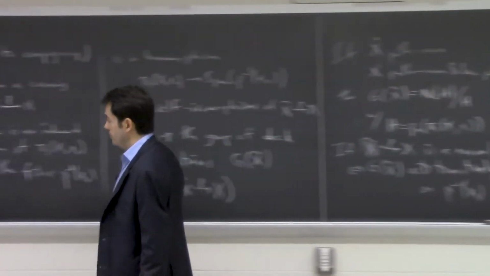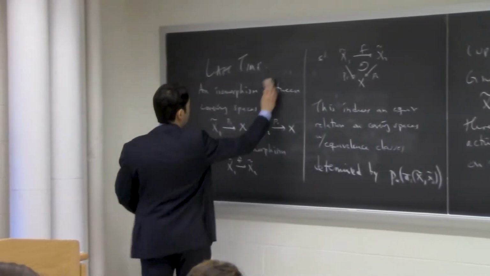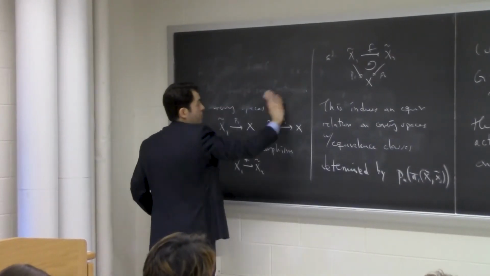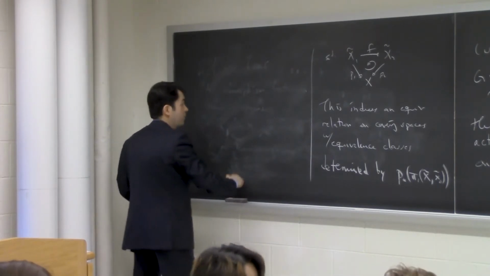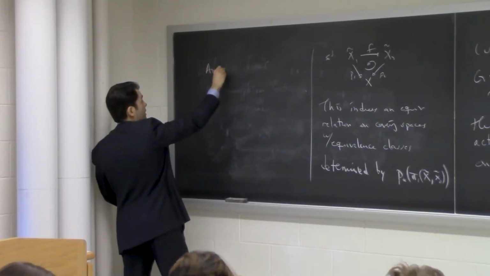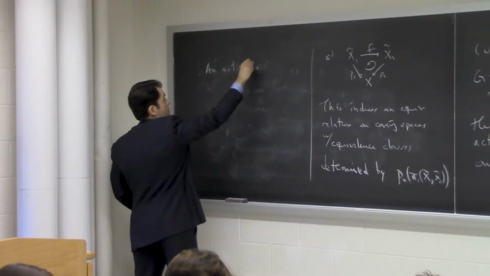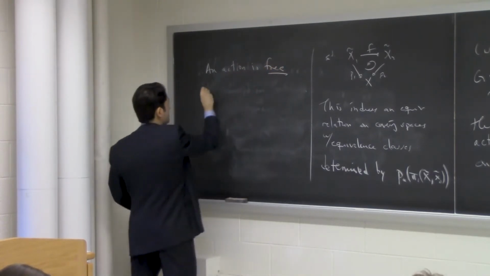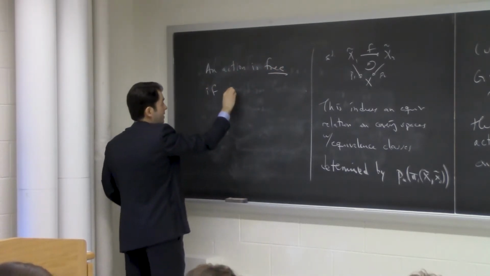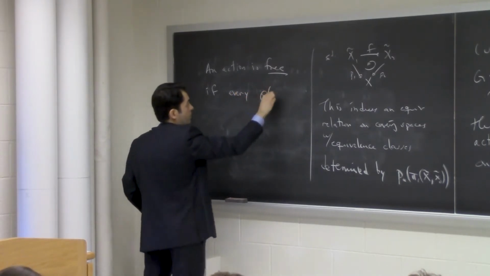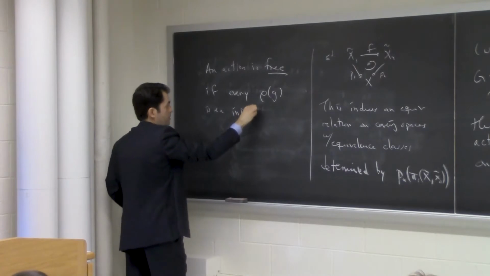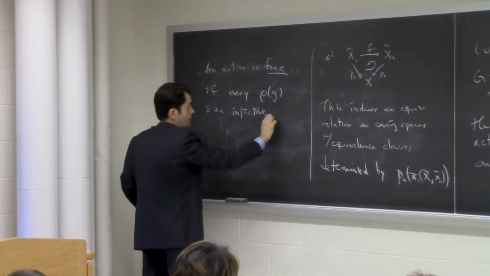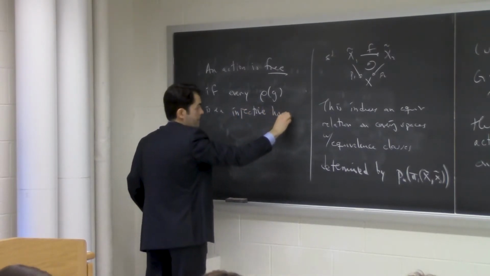The most important property you see for a group action usually is whether or not it's free. So an action is free if every rho of g is an injective homeomorphism.